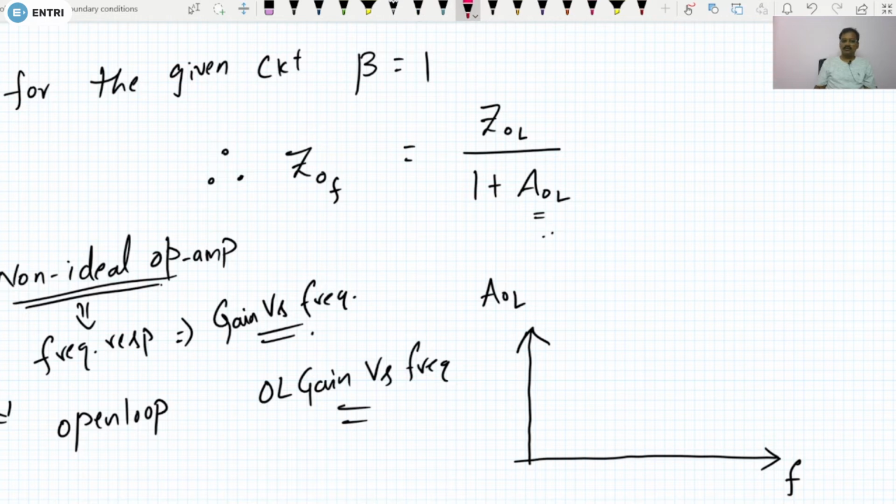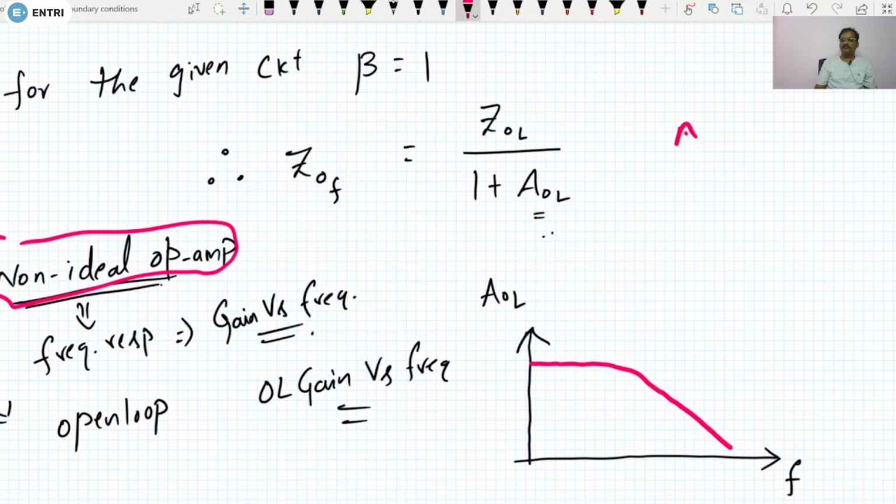Ideal means you get the response like this, but here they have given a non-ideal op-amp, so the gain is not going to decrease suddenly in this manner. It is going to fall off like this.